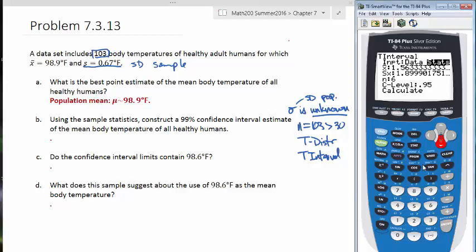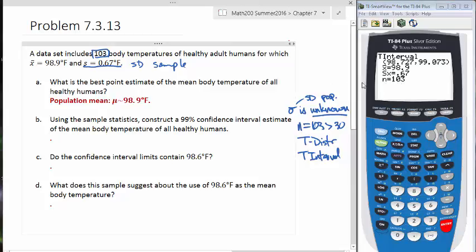It's asking for our X bar, 98.9. It's asking for our standard deviation. This is a sample standard deviation, 0.67. And then it's asking for our n. What is our sample size? That's 103. It's asking for a confidence level. We are looking for a 99% confidence, and then calculate.